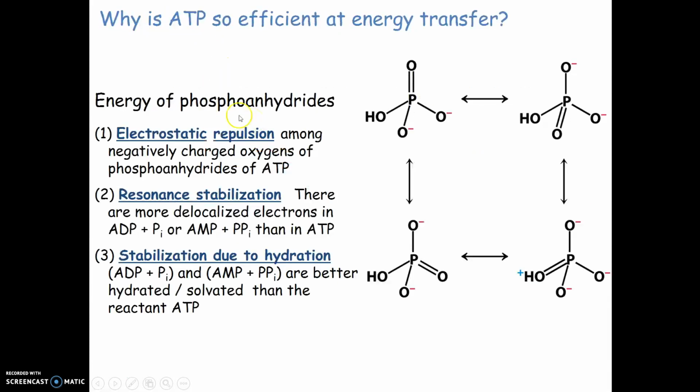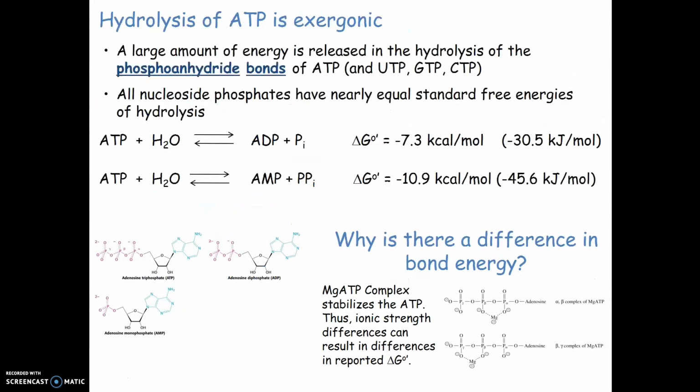So let's think about all of the ways in which we get this high negative delta G for ATP. The first of which is that the energy of our phosphoanhydrides, the first of which is electrostatic repulsion. So when we look at ATP, there's a lot of negative charges all here.